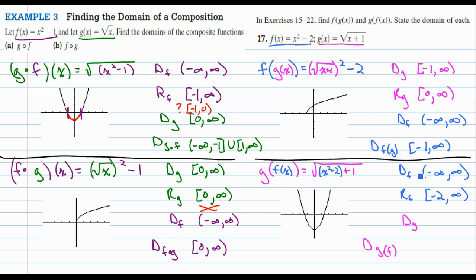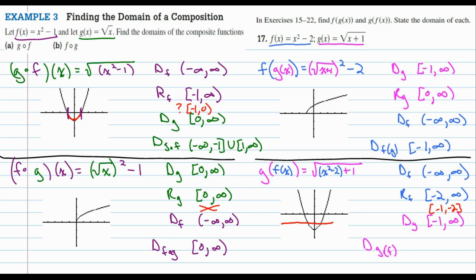So far, the domain of f doesn't give us any restrictions to what we can plug into the composition. However, there are some range values that we cannot plug into the g function. The domain of the g function by itself, the square root of x plus 1, is -1 to infinity. So I have some problems between -1 and -2.